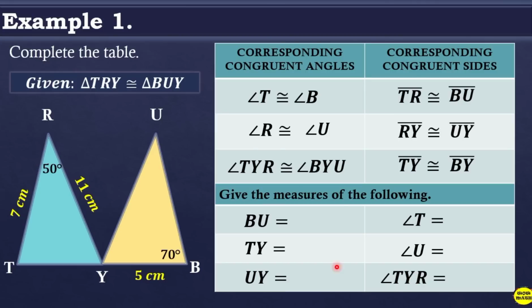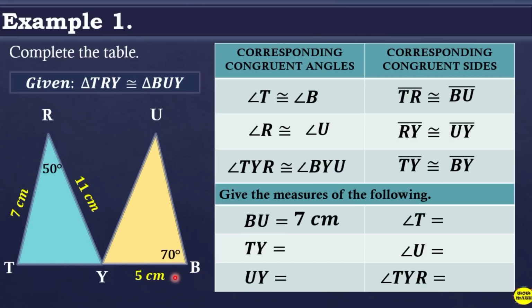How are we going to find the measures? Segment BU is congruent to TR. Therefore, if TR is 7 centimeters, your BU is also 7 centimeters, based on our corresponding congruent sides. Next, segment TY is congruent to segment BY.